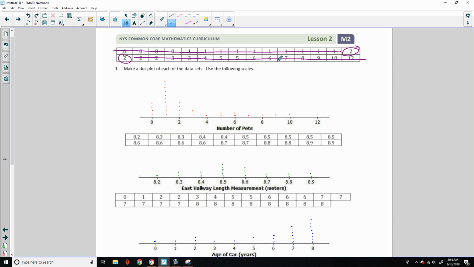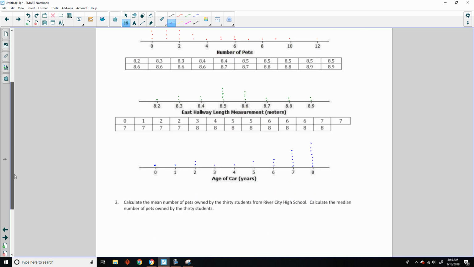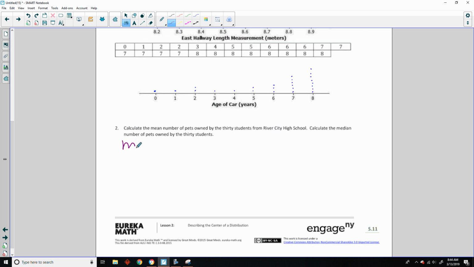If we have an even number of data values, you add the 2 in the middle and divide by 2. So it'd be 2 plus 2 divided by 2, which is 4 divided by 2, or simply 2. So when they're equal, it is that number. All right, so here the median equaled 2.